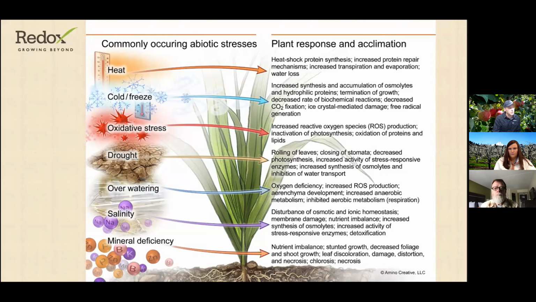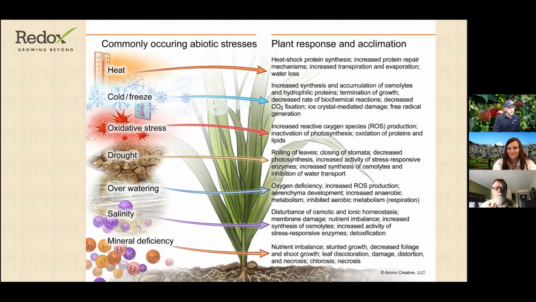So plants will produce heat shock proteins to repair mechanisms for increased transpiration, increased water loss. In response to oxidative stress, you'll see an increase in reactive oxygen species production, and so forth.